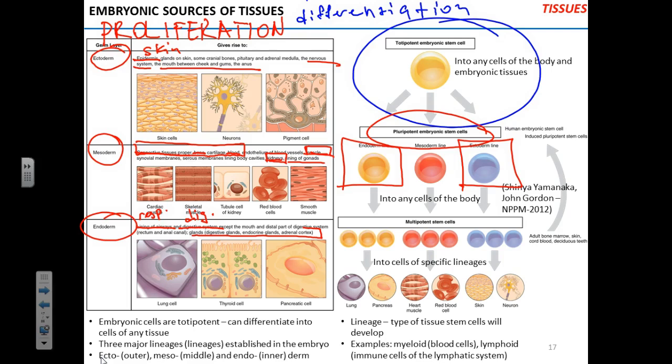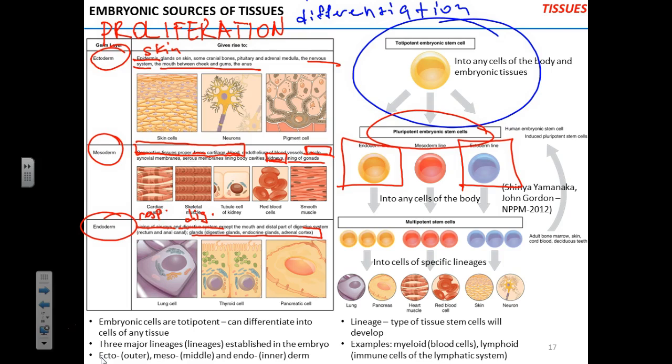Glands, don't worry about them. I understand it's too much. So, to sum up, you can have a question: which of the following systems does endoderm give rise to? You have the list, you pick one. Does that make sense?